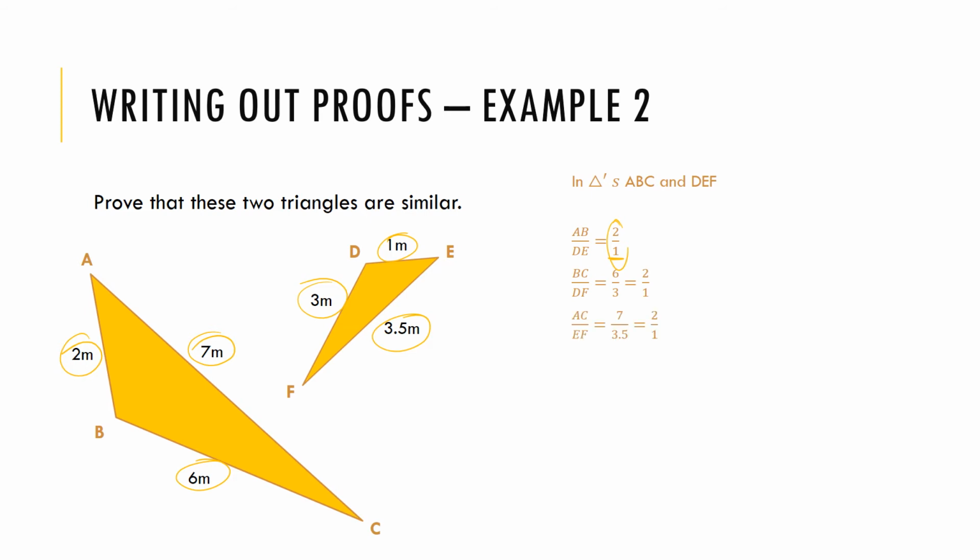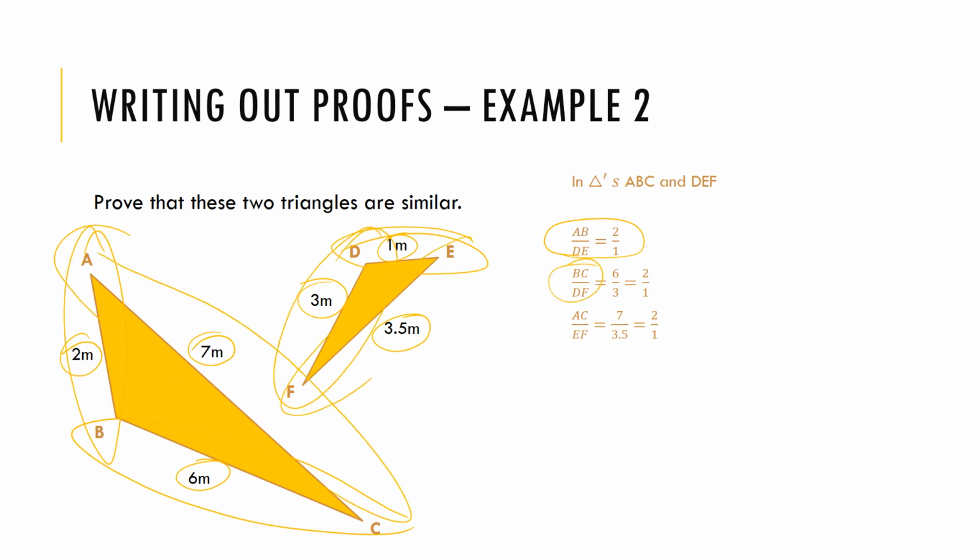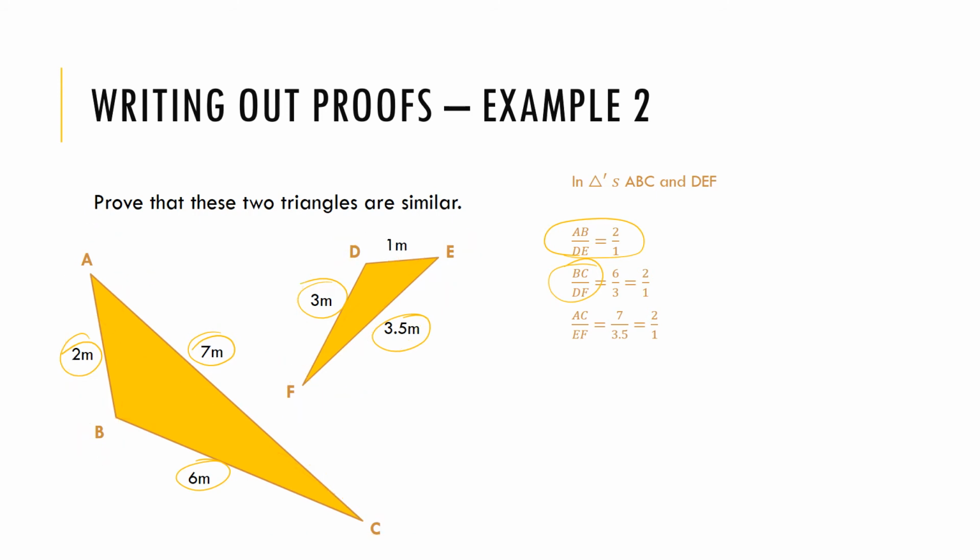We go along, we're going to get these 3 things. So you can see here AB corresponds to DE, so we've put them on top of each other, BC and DF, and then AC and EF. Okay, so now that we've done this, we've shown that they all have the ratio 2 to 1.